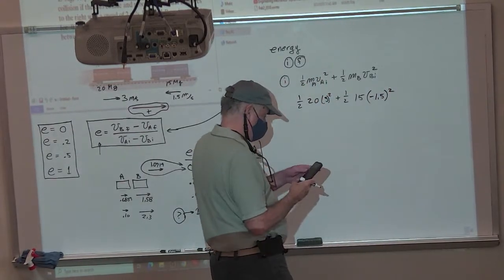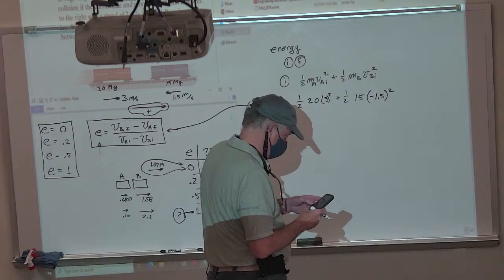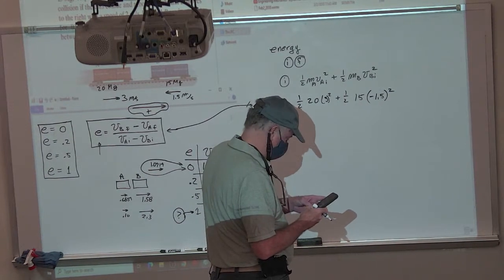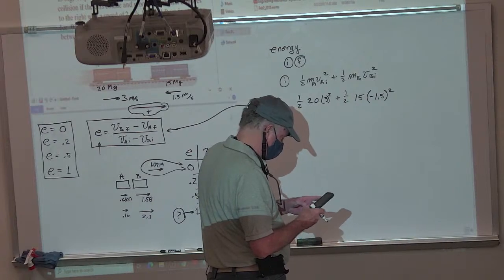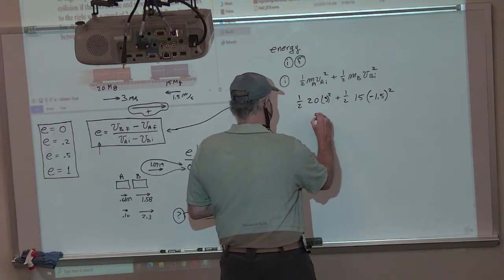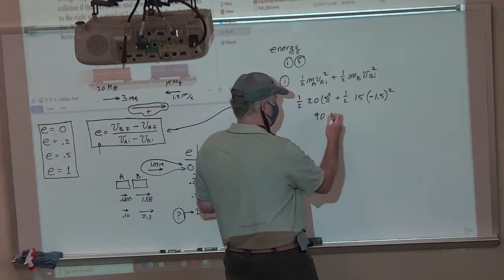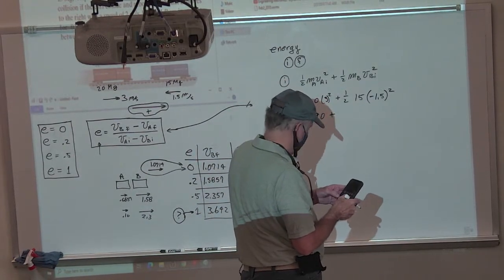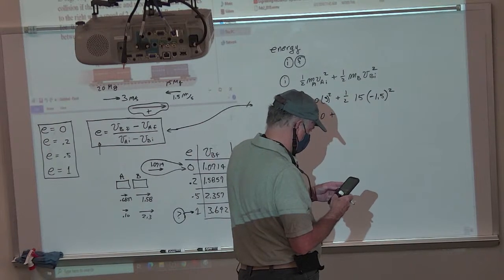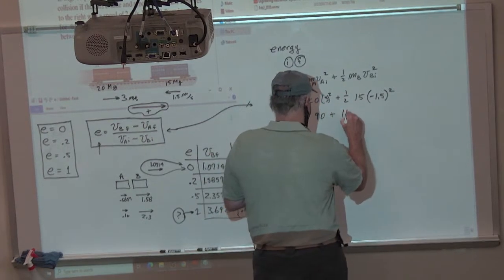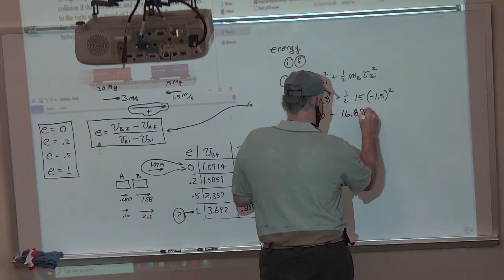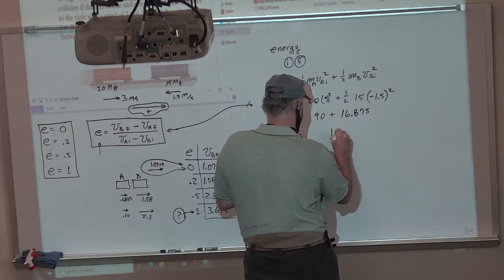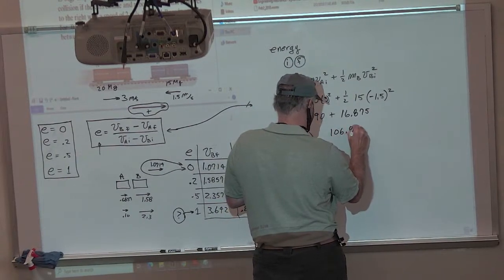So if I look at the energy at state 1, you'll find something interesting. 20, 2. This will give you 90 plus this one's 90. 16.875. So the initial energy is 106.875.